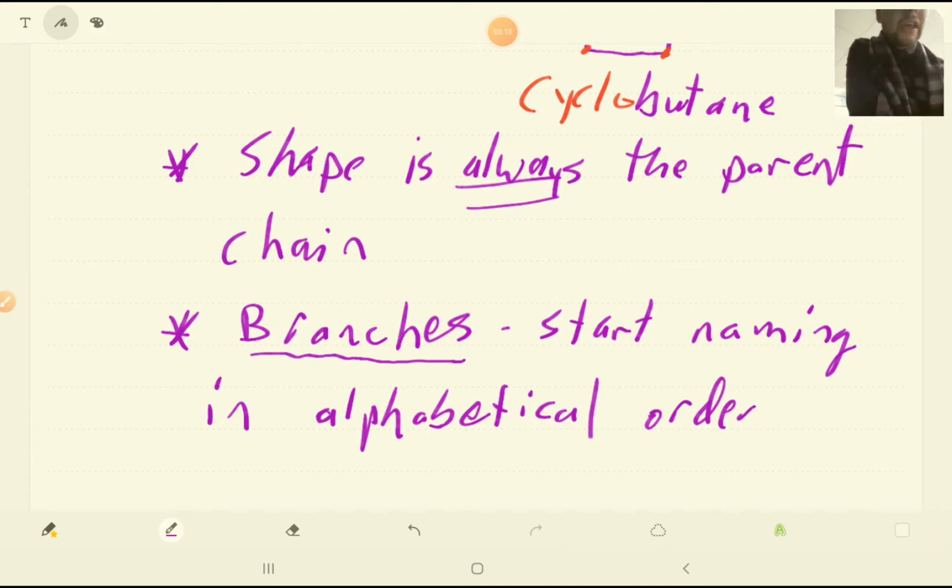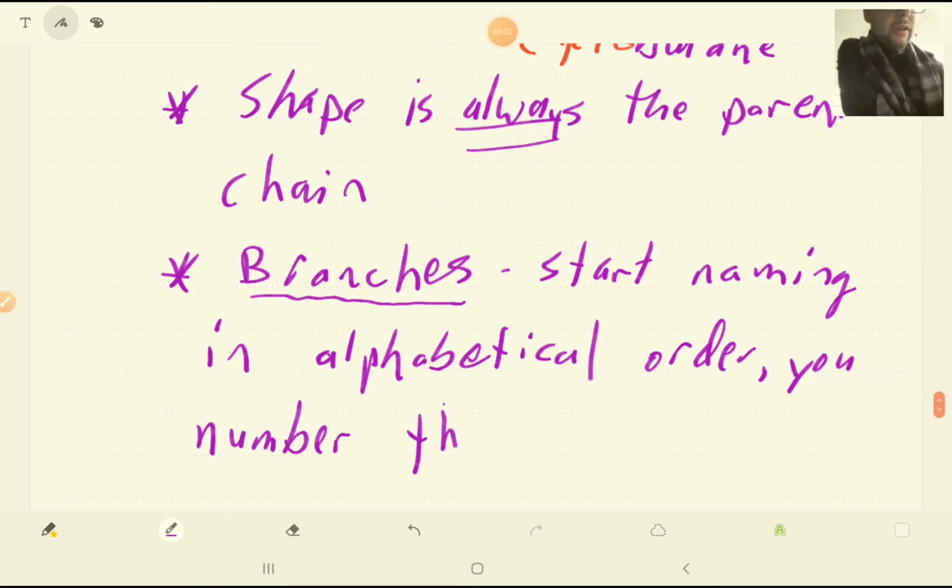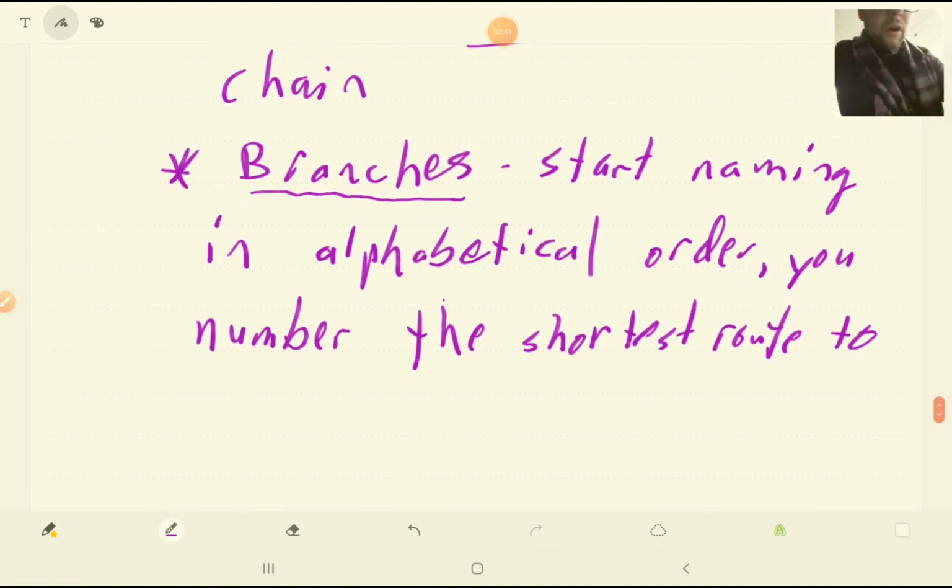So you can start naming them in alphabetical order, and you number the shortest route to all the branches.